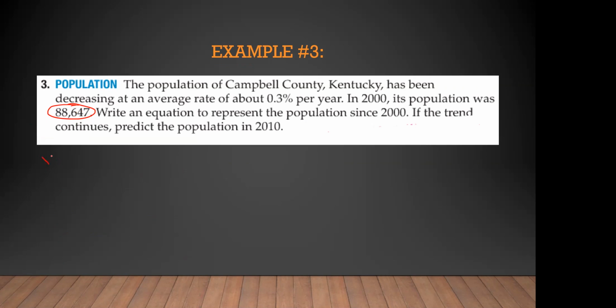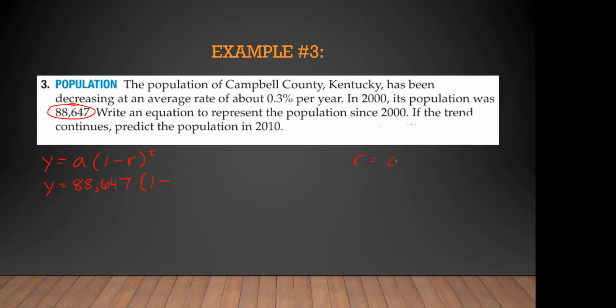So again, our equation is y equals, this is the final amount is equal to the initial amount times the difference between 1 minus the rate raised to the power of t, the time, okay? So we're given the initial population, which was 88,647, 1 minus the rate.